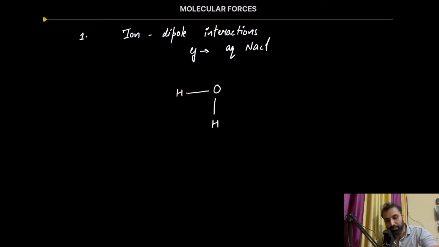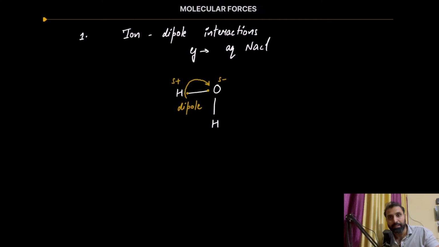So oxygen is going to attract shared pair of electron towards itself. Thereby oxygen will acquire a delta negative charge and hydrogen will acquire a delta positive charge. So we got the first polar bond, and dipole is the another name of polar bond. So I'm going to name it as dipole.